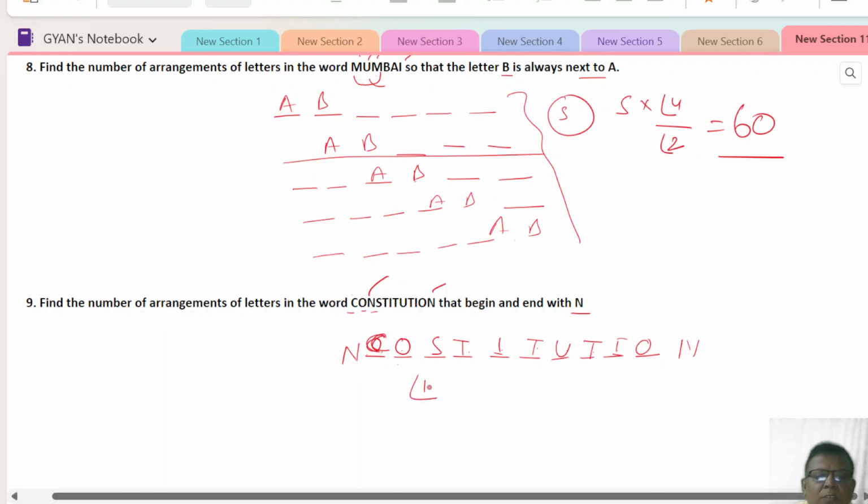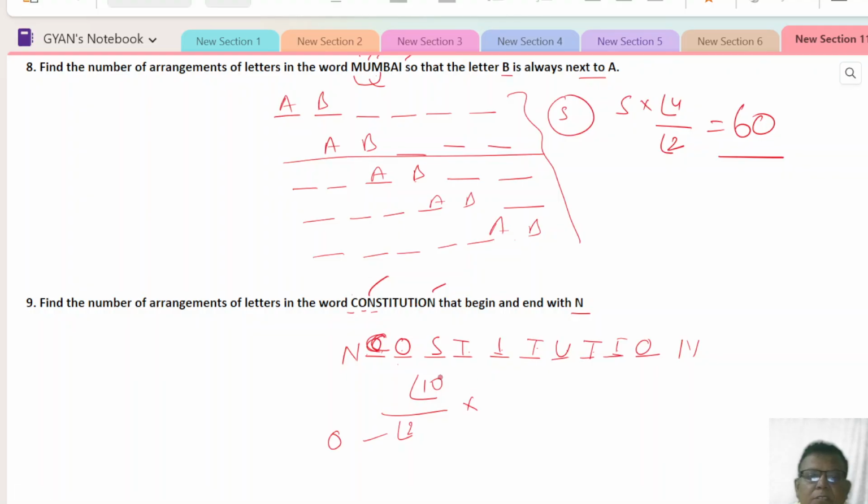So this will be factorial 10. And O how many times? 2. And I how many times? 1, 2, 3, 7. I 2 times. So factorial 2. And T how many times? 1, 2.